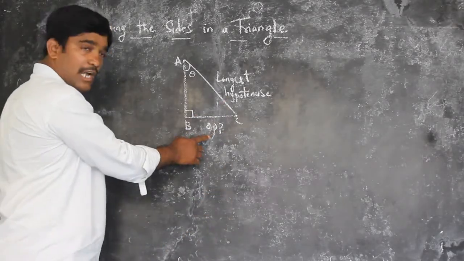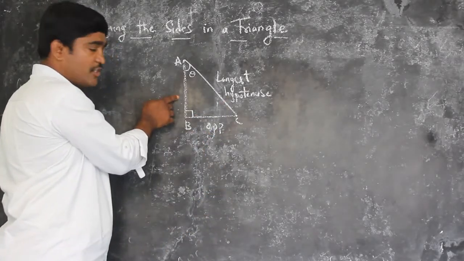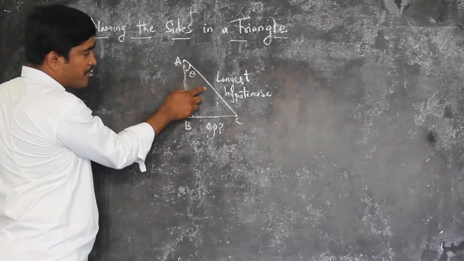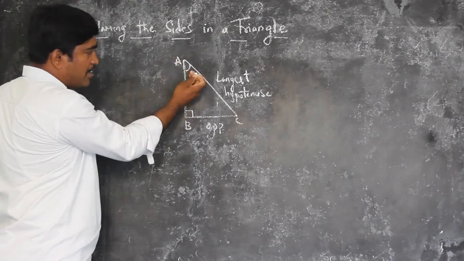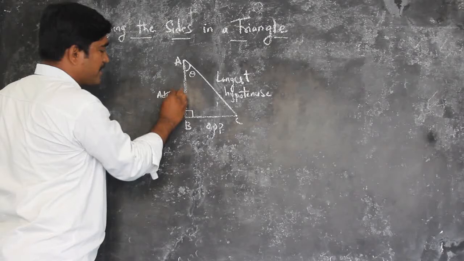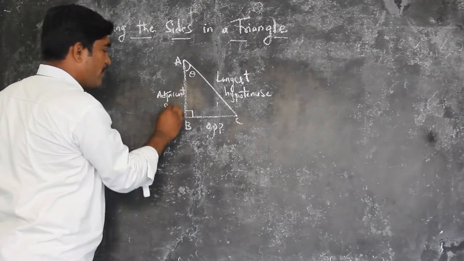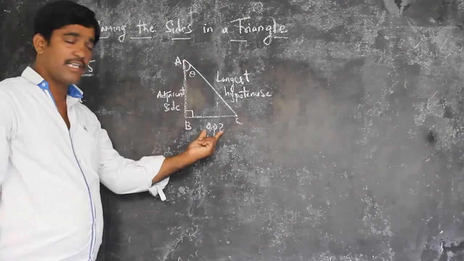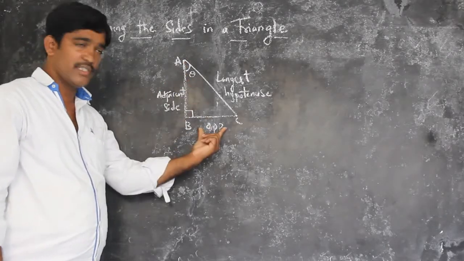Now this is the opposite. What about this one? If you observe from here, this is the line which is below our side. This is called the adjacent. This side is said to be the adjacent side of a triangle. If you observe from this one, this is exactly opposite, so we say opposite side.